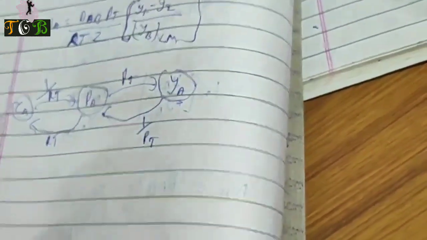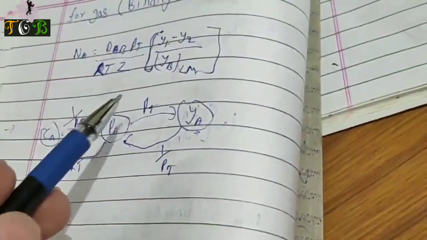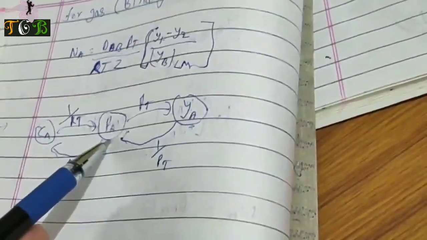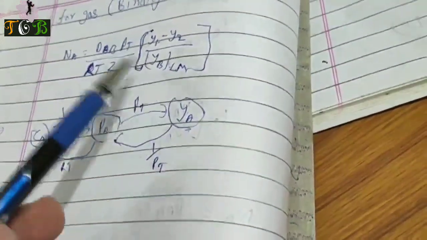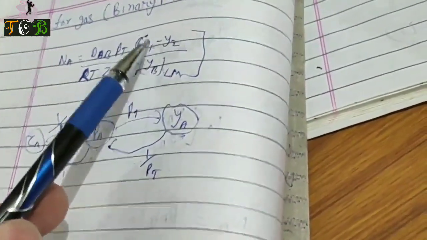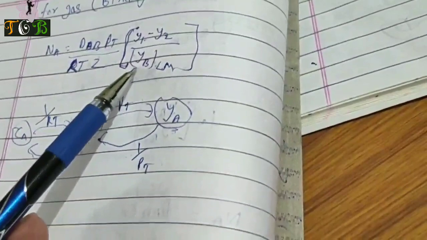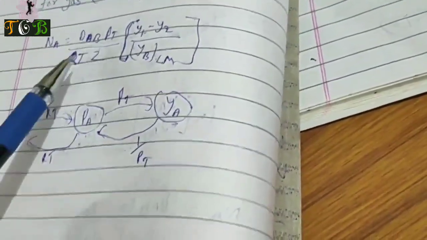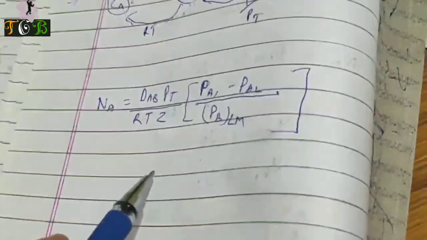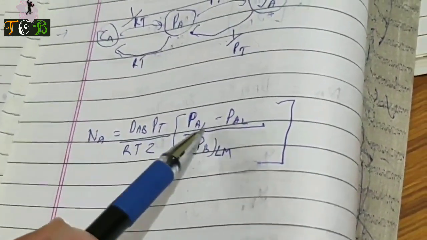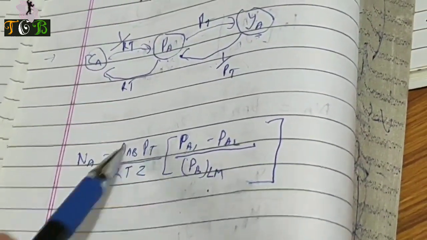Okay, suppose now we have to go for pressure. What you have to do, everything will be the same, just change it to pressure and make it PBLM. Okay, this thing will remain the same. So it will become, yes, you are right, PA1 minus PA2 upon PBLM, and this thing will remain the same.